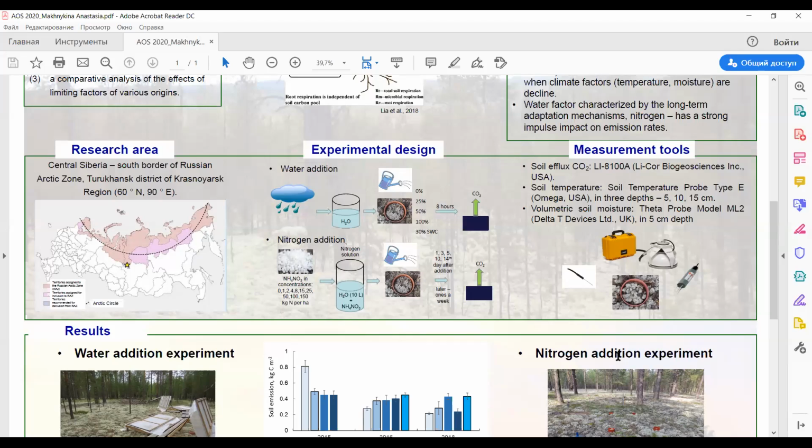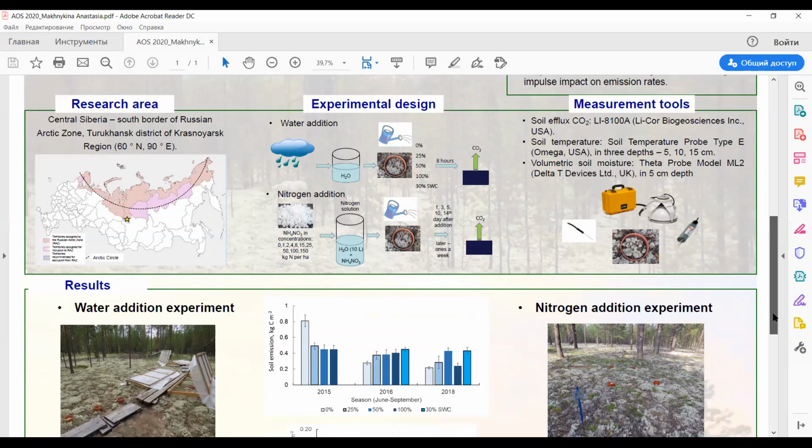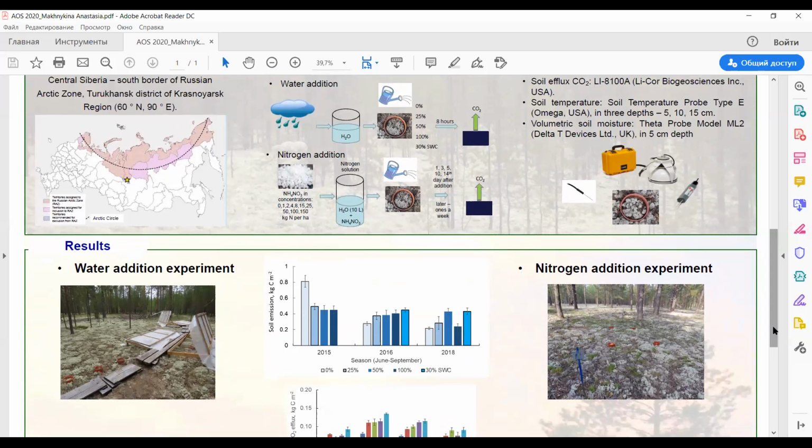For the nitrogen experiment, we used another scheme. We did it just once, nitrogen addition at the start of the growing season with different concentrations.